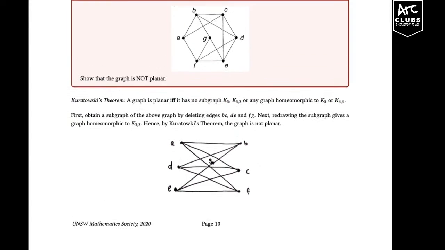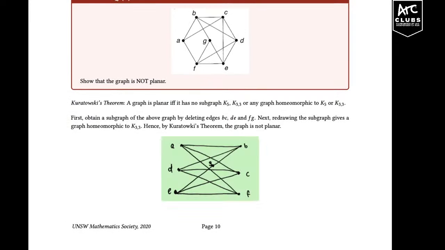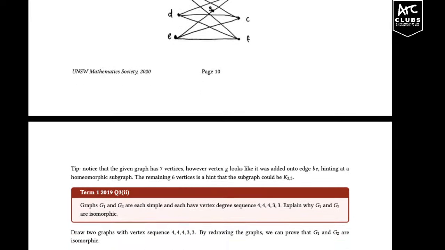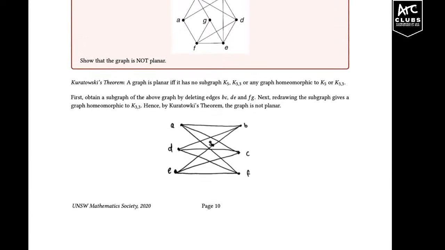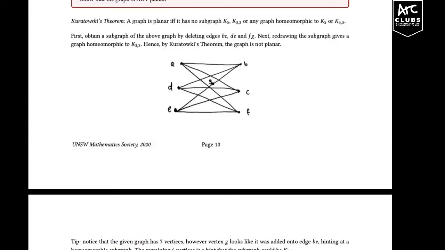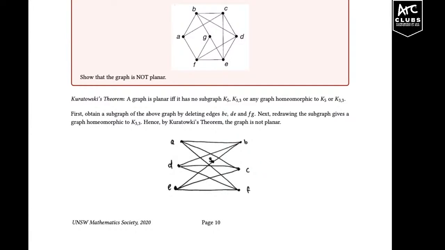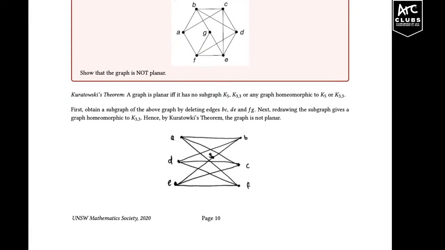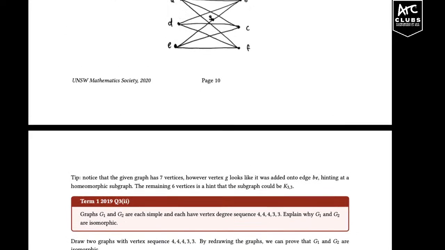I'm not going to lie, this does take a while in deleting the edges, but I do have a tip here. Notice that the given graph in the question has 7 vertices. However, vertex G looks like it was just added on randomly onto edge BE and connected to F. So one tip for how you could start off is by deleting FG and then seeing where you go from there.